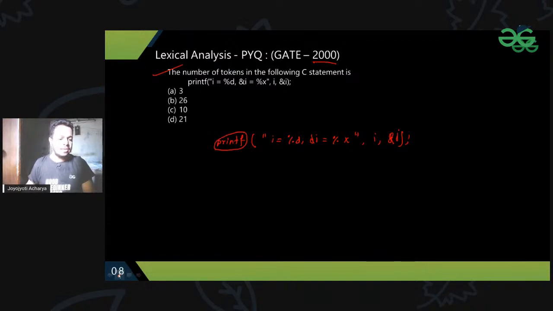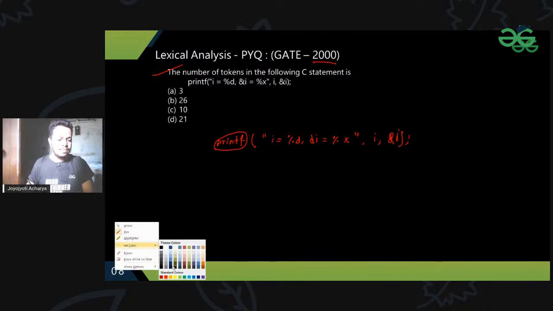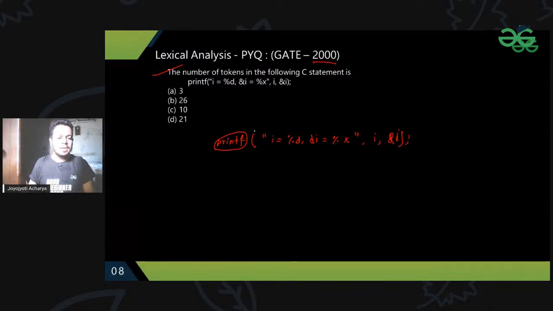Let me change the color of the pen so that it will be a little bit easier. So printf is the first keyword. Then the starting braces is the second token, 2. Then the whole thing inside the double inverted commas, if anything is given there in the double inverted commas, we should take it as a single token. So whatever is inside the double inverted commas will be our token number 3.